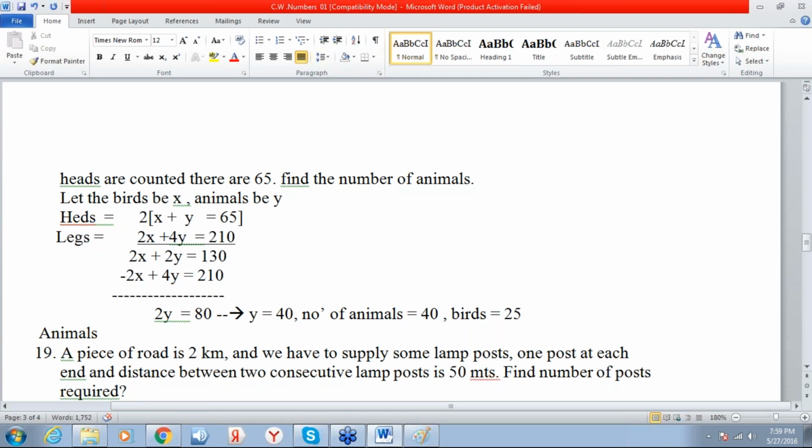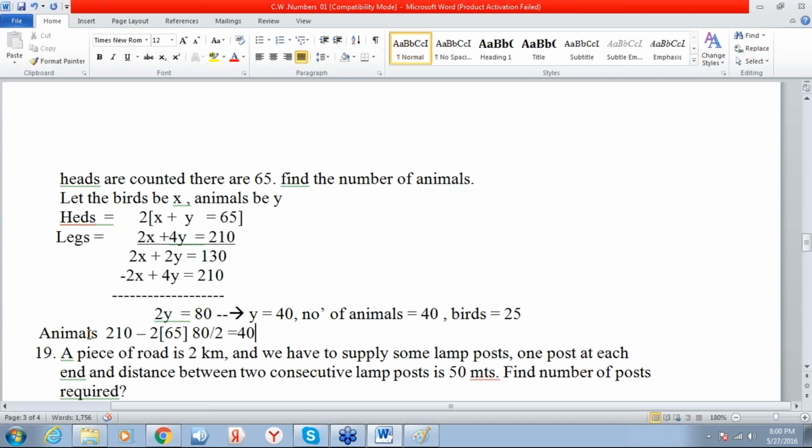That's it. 210 minus 2 into 65 gives 80. 80 divided by 2 is equal to 40. Number of animals is 40.